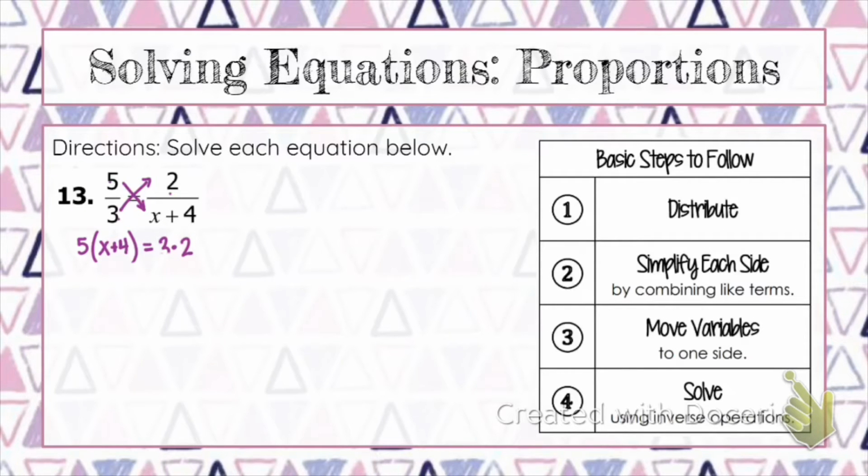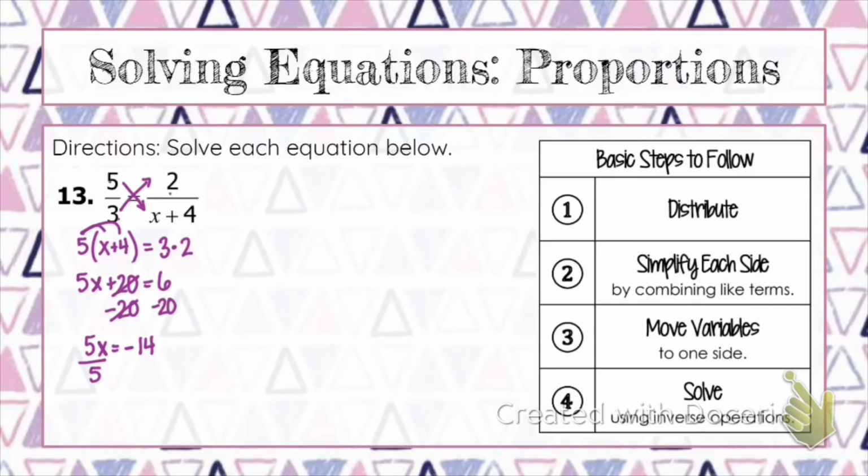But anyway, so we've cross multiplied, and now it just looks like every other thing that we've been solving. So we're going to distribute that, and I'm going to go ahead and multiply those together. So we're going to get 5x plus 20 equals 6. And then we subtract 20 from both sides. That gives us 5x equals negative 14.